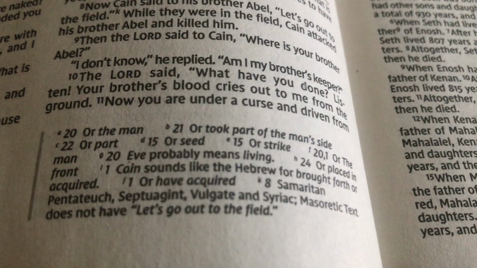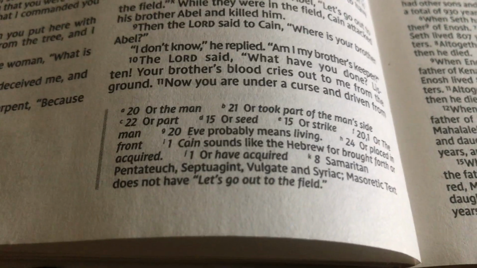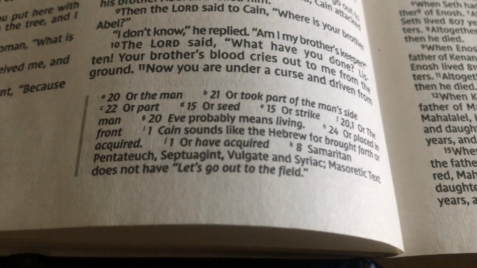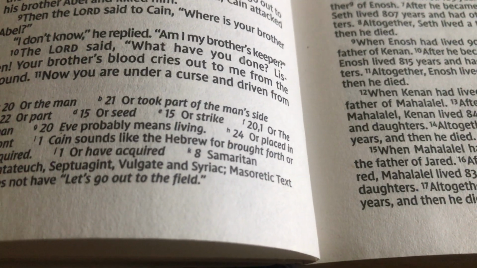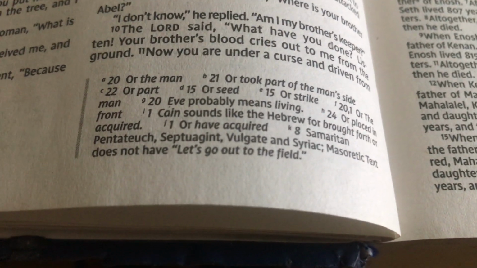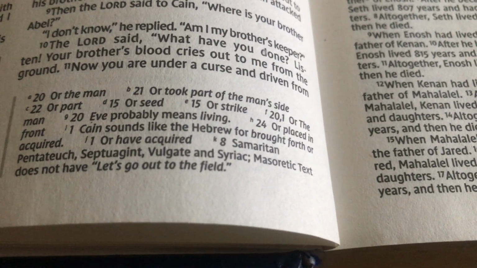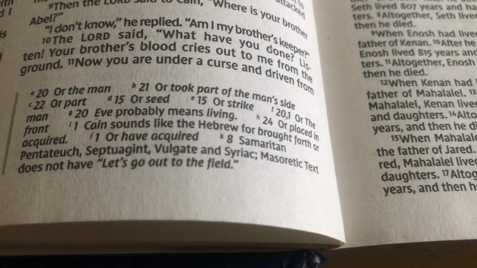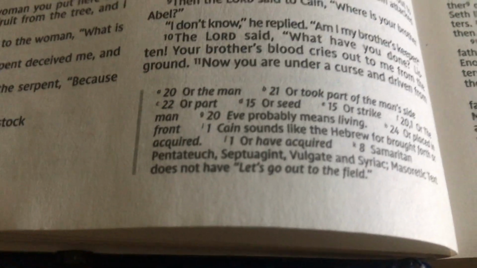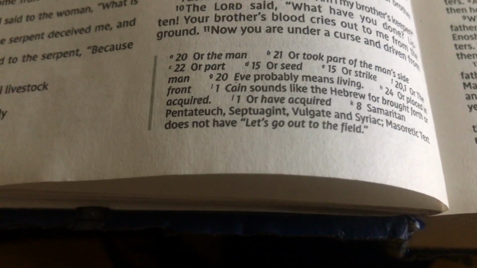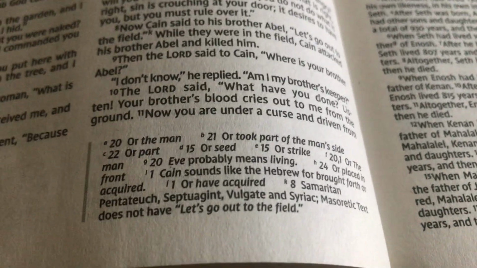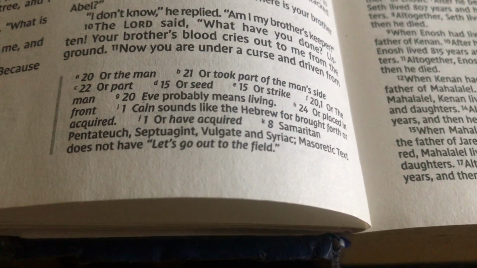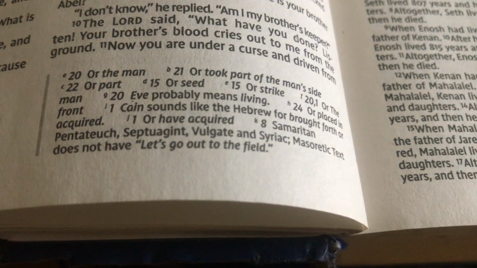the footnotes: 20 or the man, 21 or took part of the man's side, 22 or part, 15 or seed, 15 or strike, 20 and then 1 or the man, 20 Eve probably means living, 24 or placed in front, 1 Cain sounds like the Hebrew for brought forth or acquired, 1 or have acquired, 8 is Samaritan Pentateuch, Septuagint, Vulgate, and Syriac.